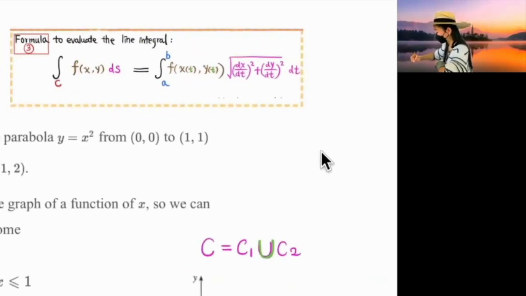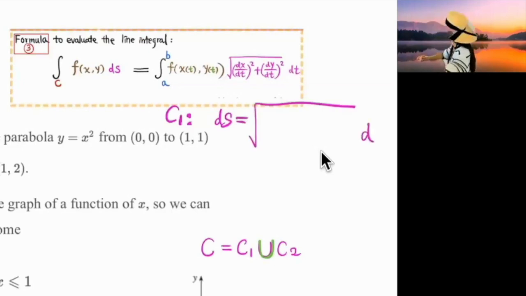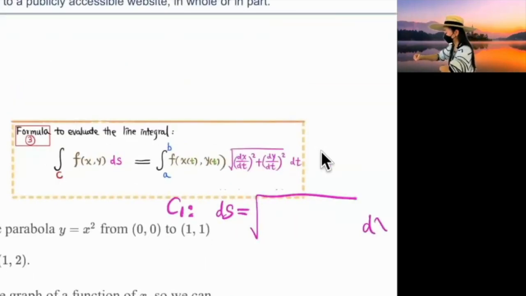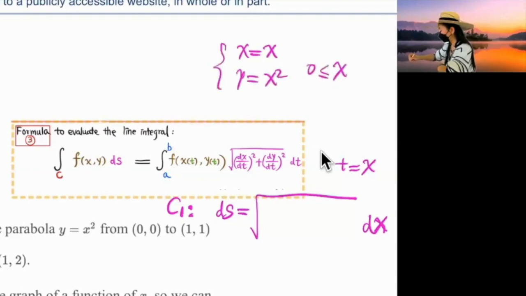For C1, at this time the parameter is x, so t is the same as x. Remember, x equals x, y equals x squared, and x is greater than or equal to 0 and less than or equal to 1.